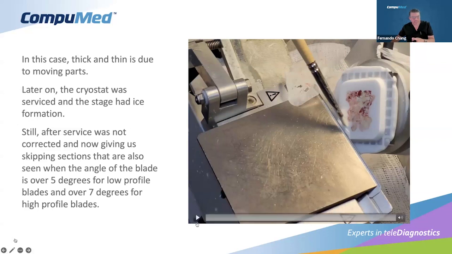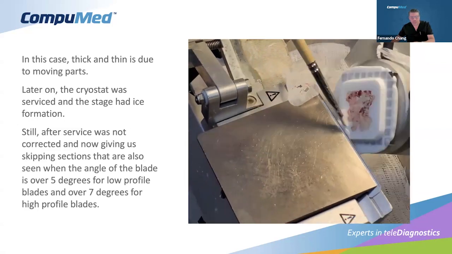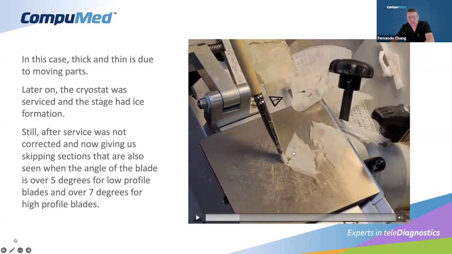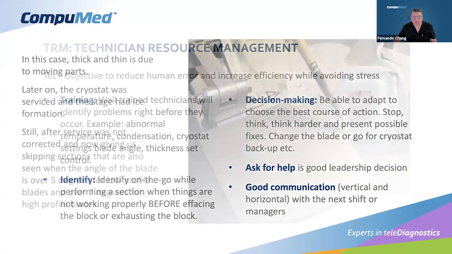But then we continued having problems. You see the consistency here. We're cutting, and this part is quite acceptable. All of a sudden, we don't have anything in the center where the sample is, and then we go back, and we have part of the sample again, but you see that it's thick and thin.